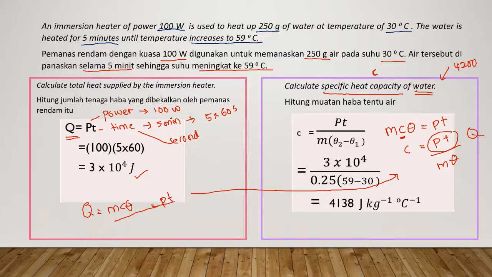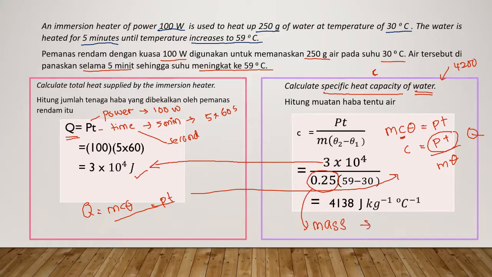Question number 1 asks you to find the total heat supplied. So we just use the information yang kita dah kira tadi, kita teruskan masukkan ke dalam ini. Okay, 0.25 ni mana dapat? 0.25, okay, this is the mass.